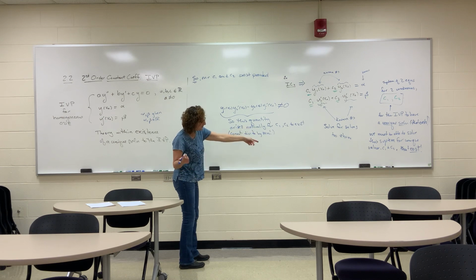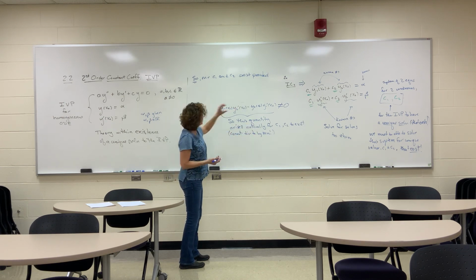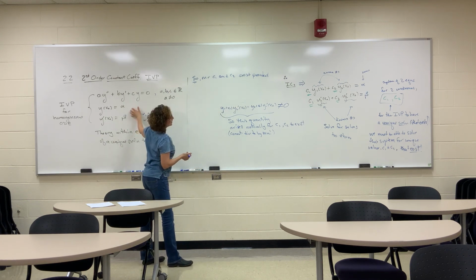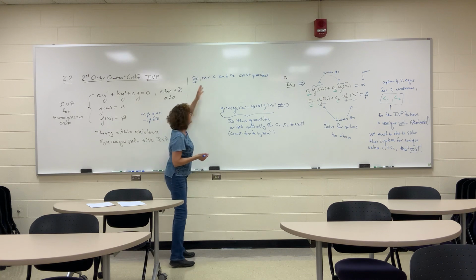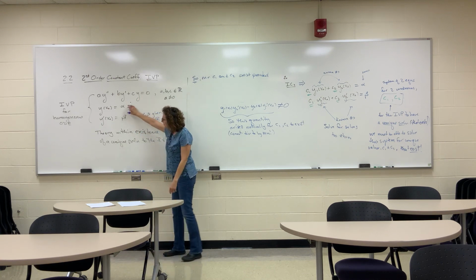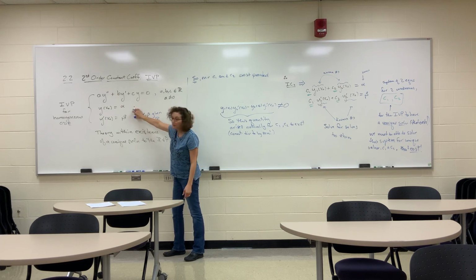What was the whole point of C1 and C2 existing? Well, that was so that we could actually satisfy these two initial conditions, and the ability to satisfy the two initial conditions from our general solution means that we'd be able to solve this uniquely for any constants alpha and beta.